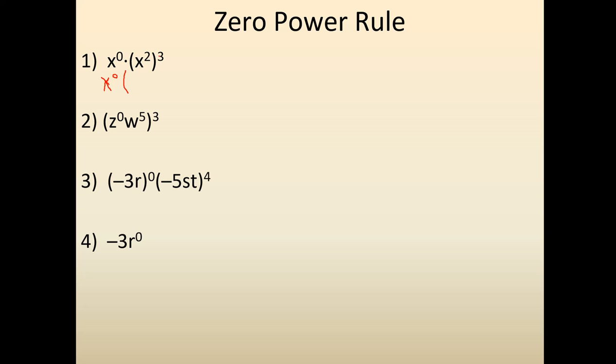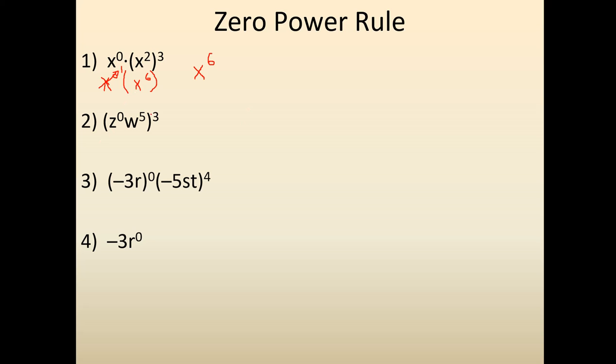As we remember from the exponent rule, when we have a variable that's raised to a power that's raised to another power outside, we're going to multiply these. So this becomes x to the sixth because that's what 2 times 3 is. Then from here, x to the 0 just becomes 1. So my final answer is x to the sixth. And there we go. Easy peasy.